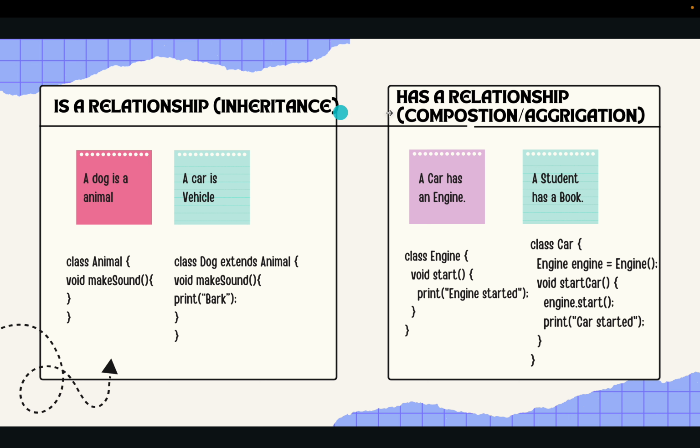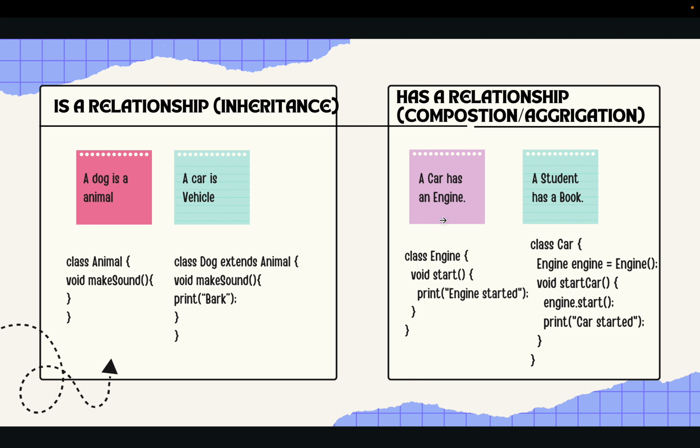After that, we have the has-a relationship. In the has-a relationship, we have two types: composition and aggregation. First we understand what the has-a relationship is, and after that we learn what composition and aggregation are. In the has-a relationship, we are taking removable components, like a car has an engine.